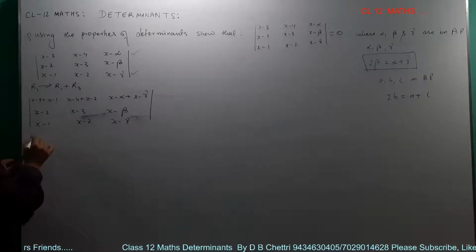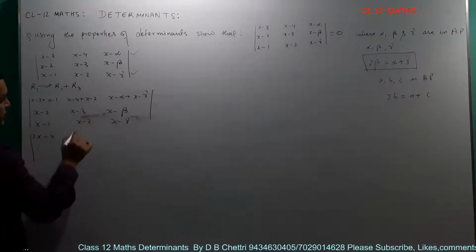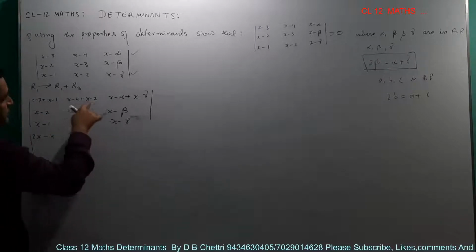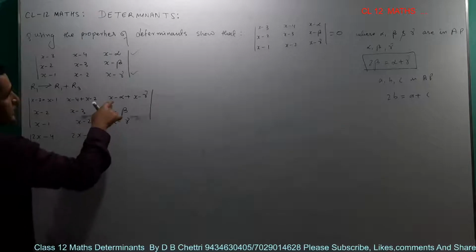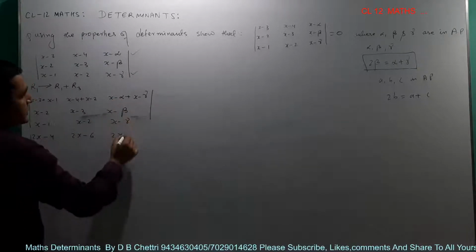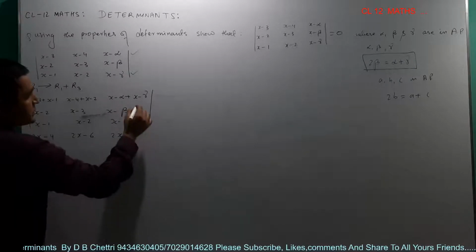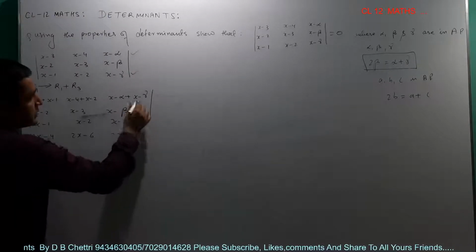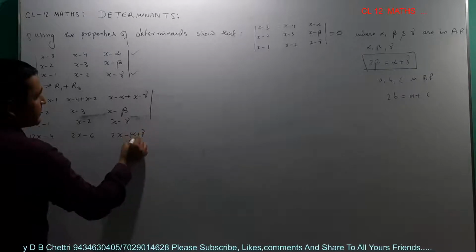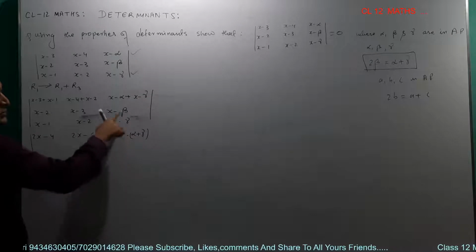x plus x is 2x, minus 3 minus 1 is minus 4; x plus x is 2x, minus 4 minus 2 is minus 6; x plus x is 2x, and we take the minus common: alpha plus gamma. Because minus alpha minus gamma is there, if we take minus common, both will be plus.